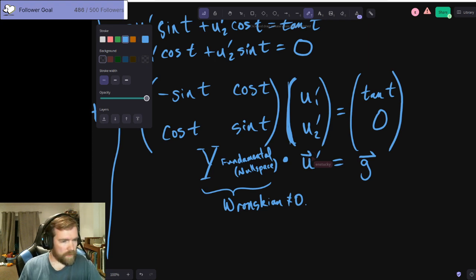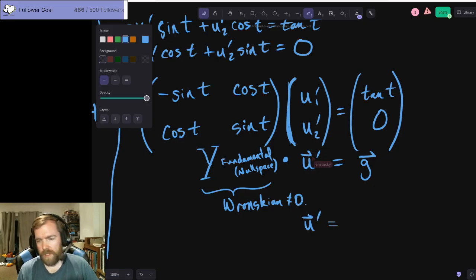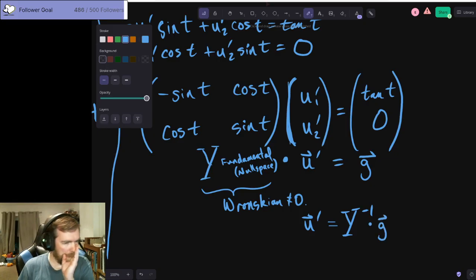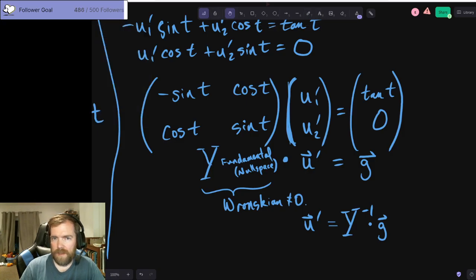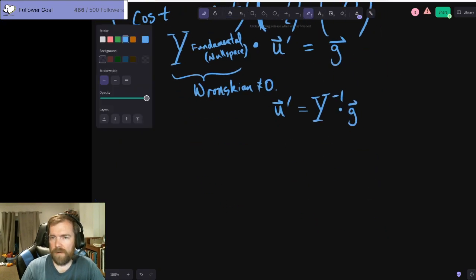And so what we would want is u prime is going to be equal to, here we need to multiply both sides of the equation on the left by the inverse of our fundamental. And then from there, take the integral of both of those sides.